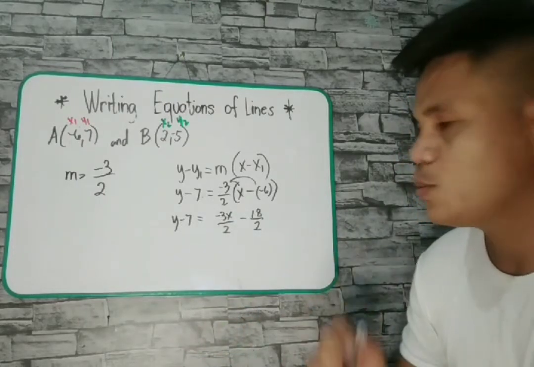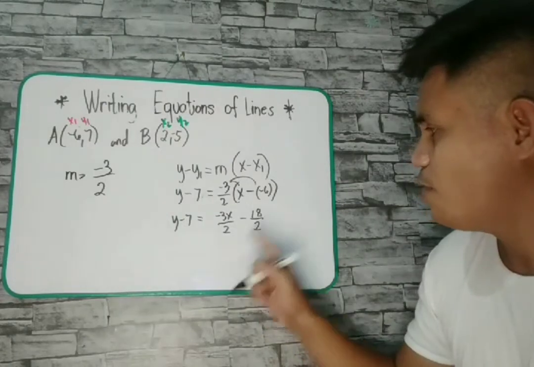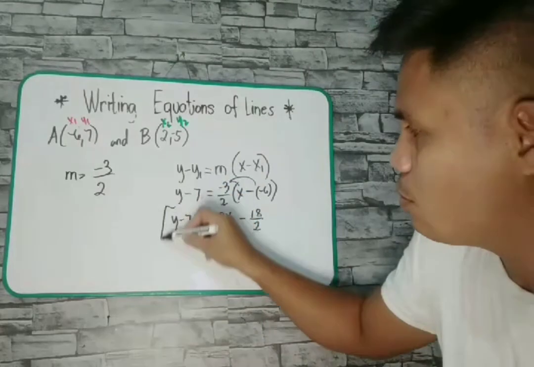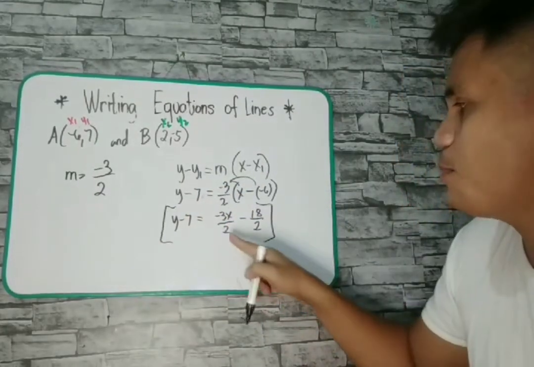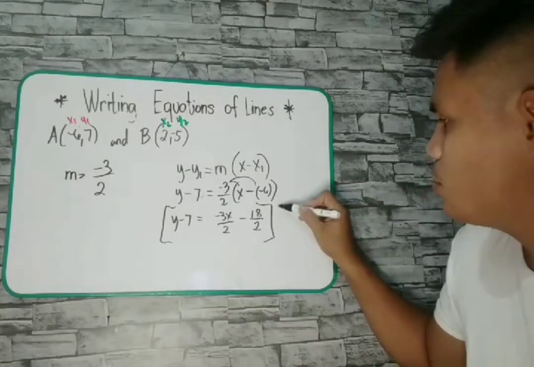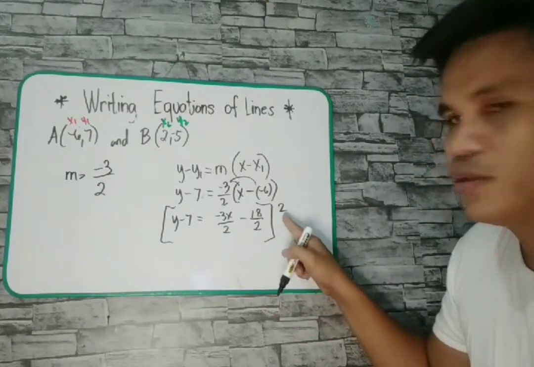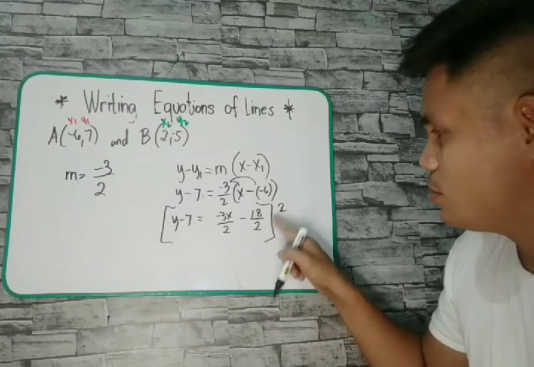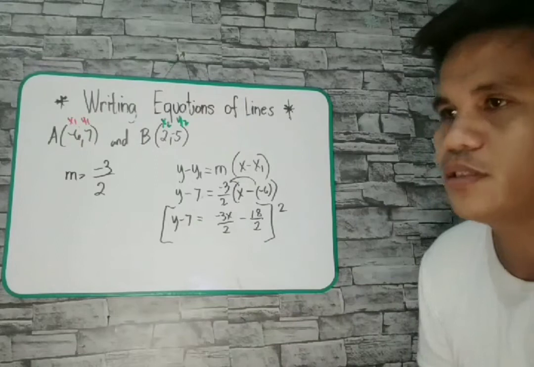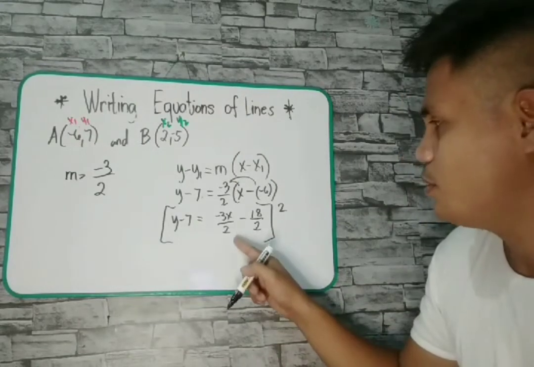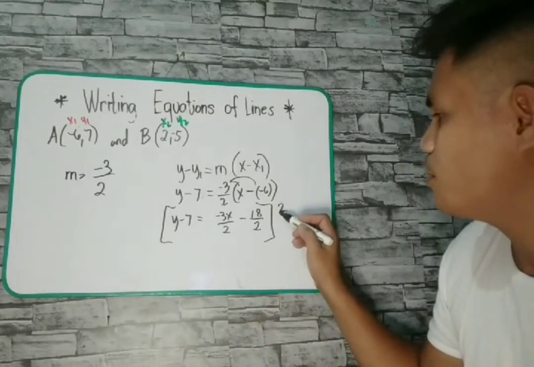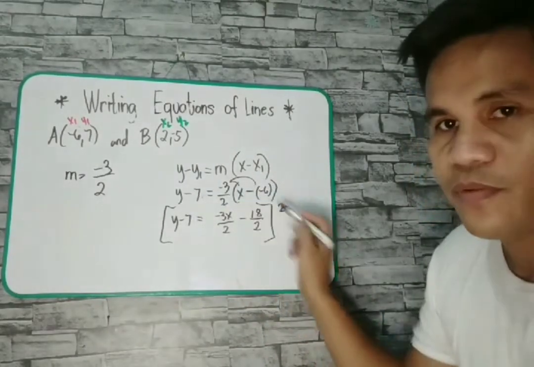But the best way for us to remove the denominator of 2 is to multiply all of them by the reciprocal of the denominator 2. That will give you as simple as 2, in order for us to cancel out this denominator 2. Using the distributive method again, we multiply 2 to every term.